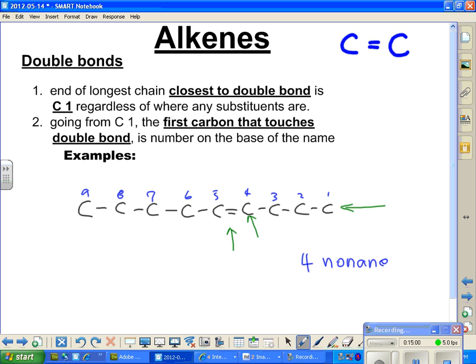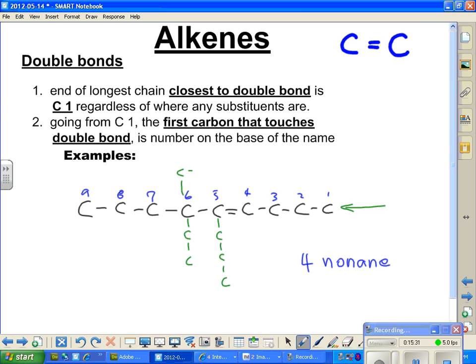And now we can put substituents anywhere we want, and the numbering of the carbons will be determined by what we've done first. So let's go ahead and put a propyl in here, and let's put an ethyl here, and an ethyl here.